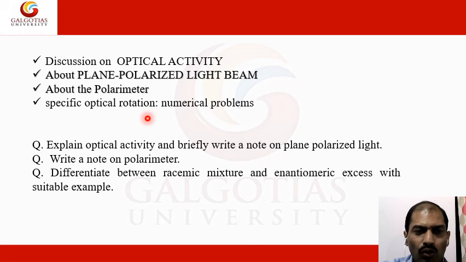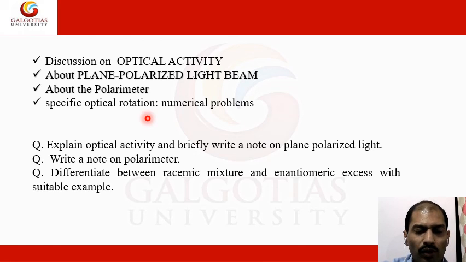After all the discussion, you saw what an enantiomer is, what enantiomeric excess is, what a racemic mixture is, and how numerical problems can be done on the basic concept of optically active compounds, to calculate individual enantiomers and racemic mixtures, and how their properties are specific.